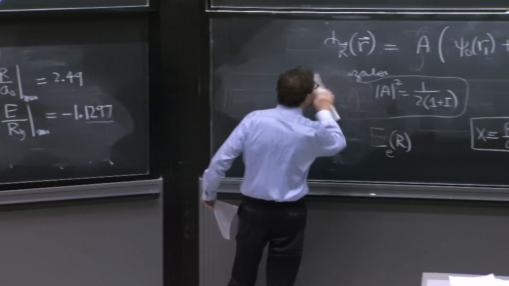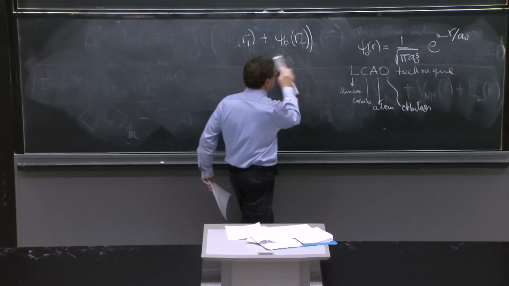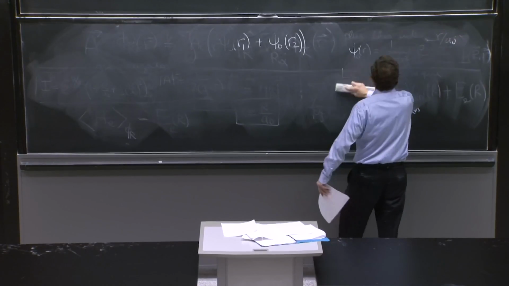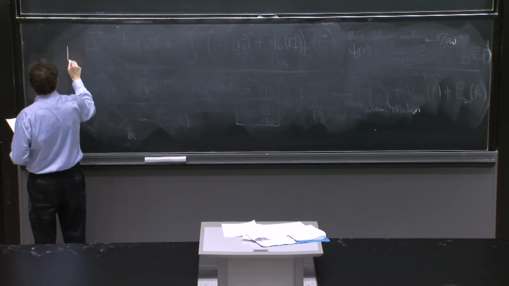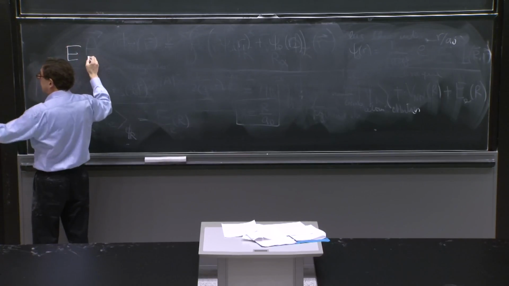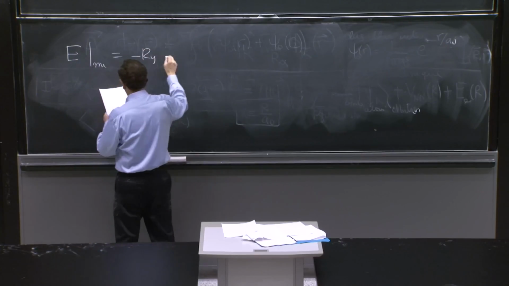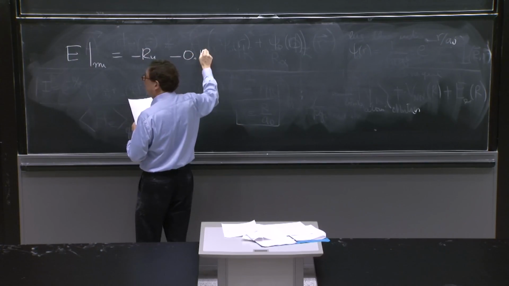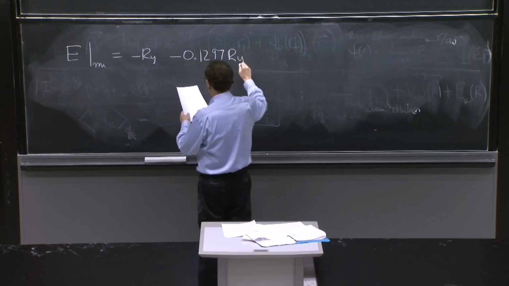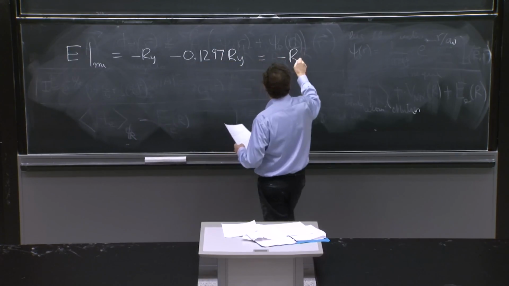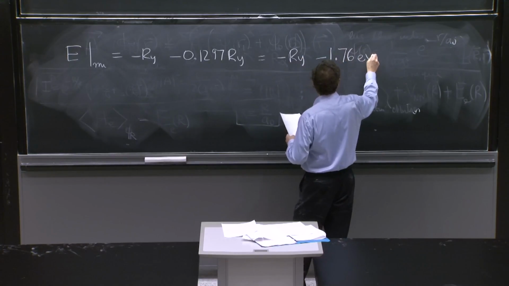The bound state energy is this E that we determined here at the minimum: minus 1 Rydberg minus 0.1297 Rydbergs, which is minus 1 Rydberg minus 1.76 eV.